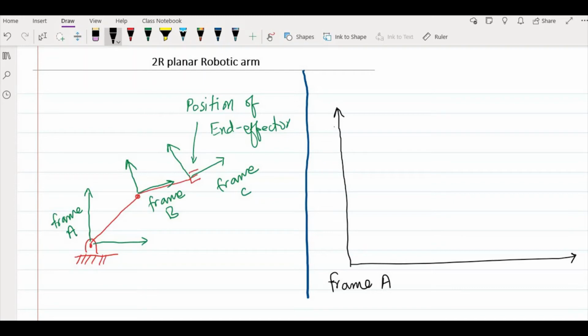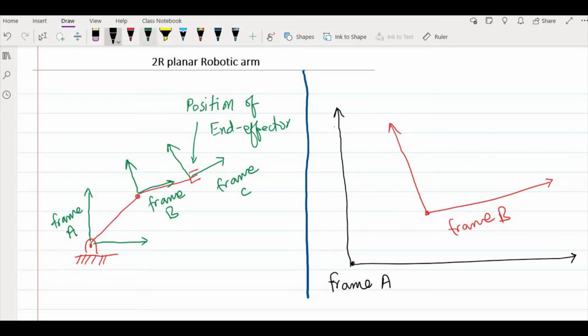So we have a frame A here, and then we have a frame B, which is rotated and translated from frame A here.